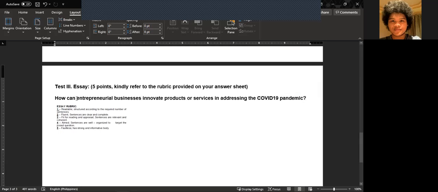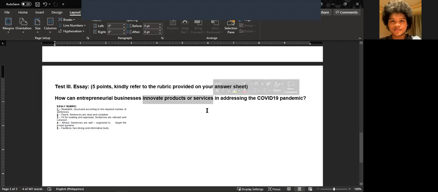Second, we allow learners to have a deeper grasp of entrepreneurial businesses according to its description, its understanding, its lesson delivery, in which we capture the significance of innovation of products or services, giving it as a center of innovation.